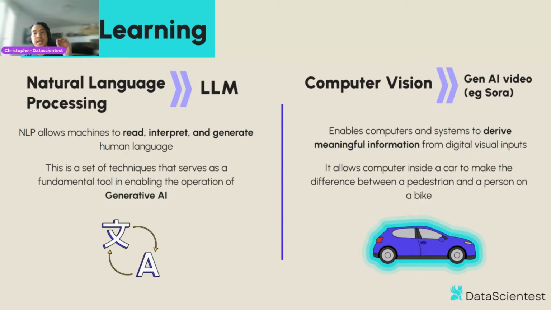And you have cameras on this car that are going to basically take the feed of what's happening and understand what is on the screen, and derive meaningful information from it. Technically, it's going to be telling the computer, is this a pedestrian? Is this a bicycle? Is this, I don't know, a wall or something?